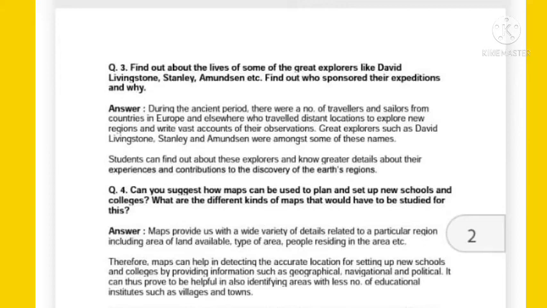Can you suggest how maps can be used to plan and set up new schools and colleges? What are the different kinds of maps that would have to be studied for this?